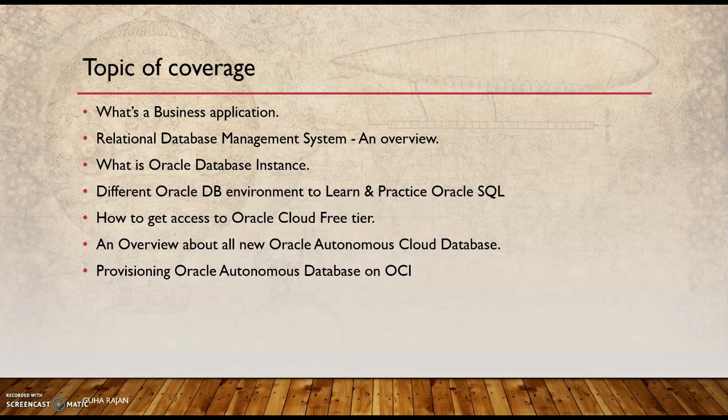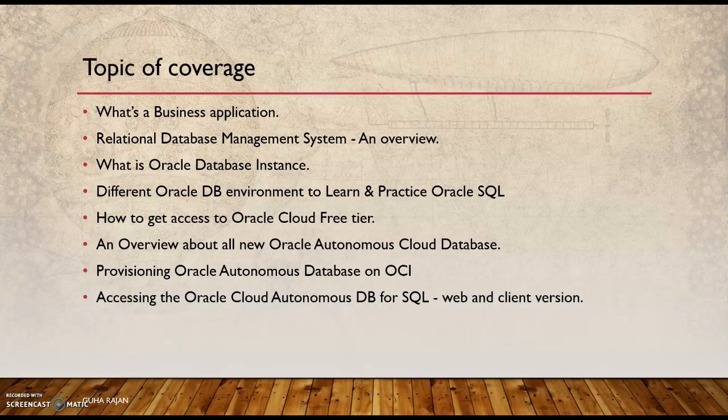You'll just need to provision it, that is just by giving some basic information and the click of a button, and you'll have the cloud database up and running. There is no installation required on your machine for the database. It's just by the click of a button. You can provision the database on the Oracle Cloud. So this provisioned database is what we'll be using towards learning Oracle SQL.